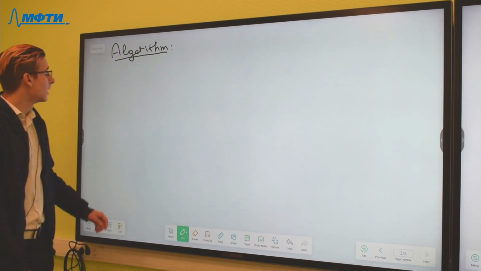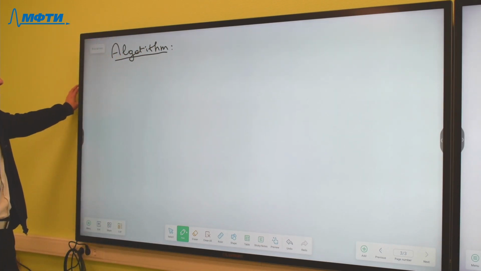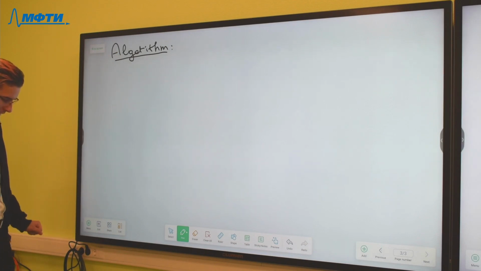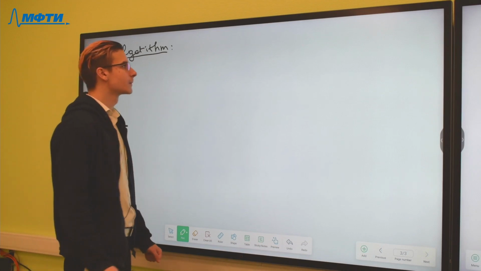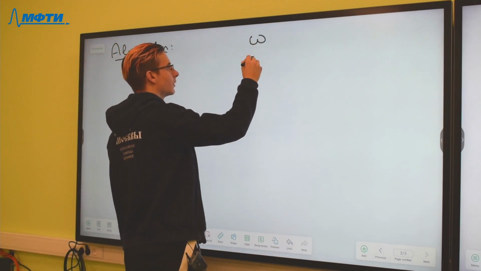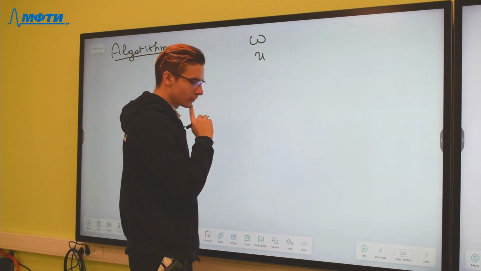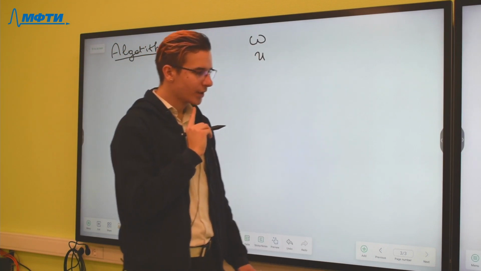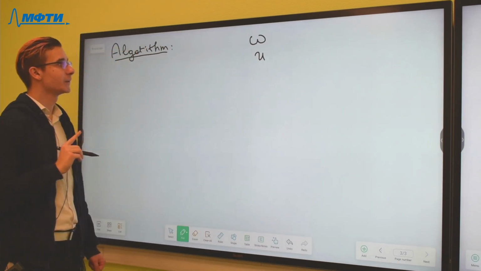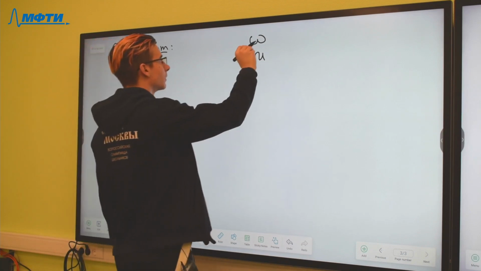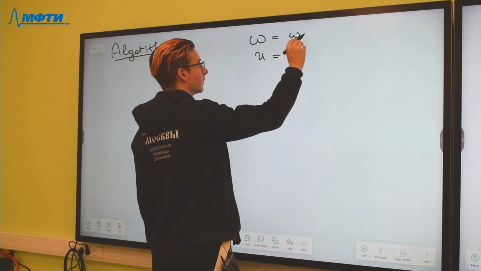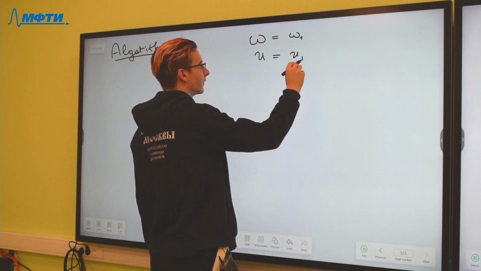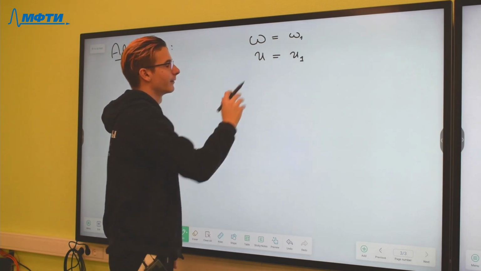Because firstly, we can say that if we have two words, V and U, we can compare these two words. We can start to compare, for example, the first two characters.